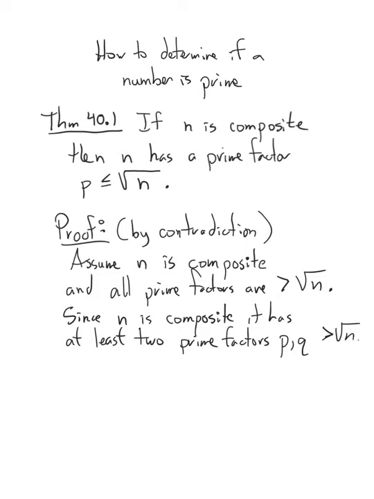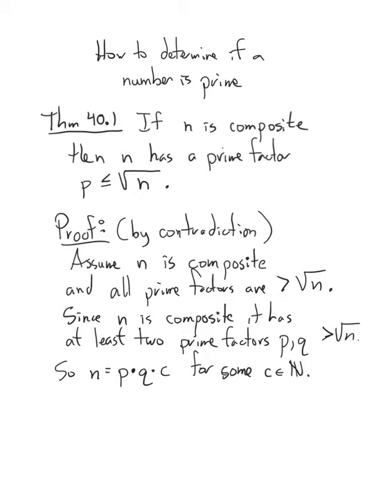And you can kind of see what's happening here. So we know that n equals P times Q times some other stuff, C, for some C in the natural numbers.